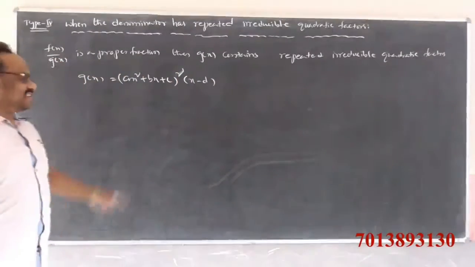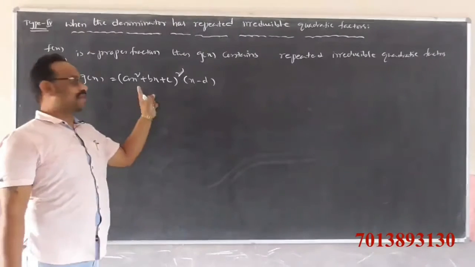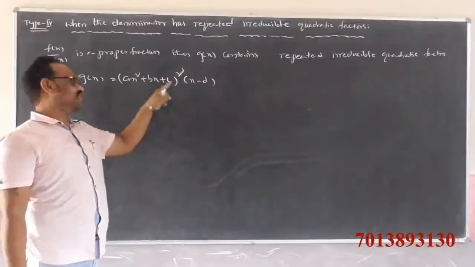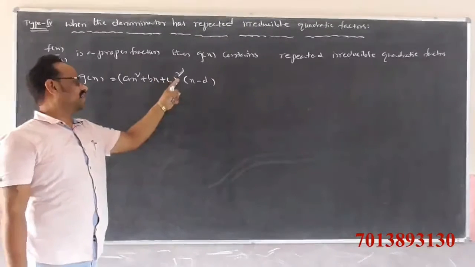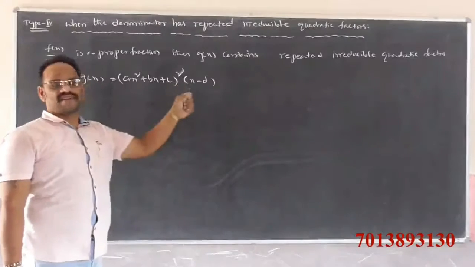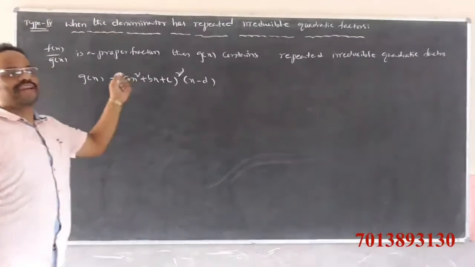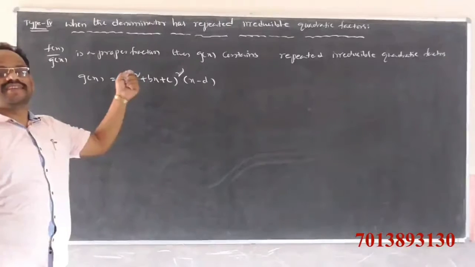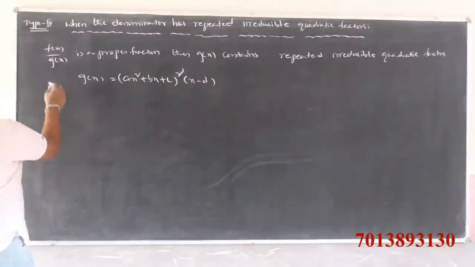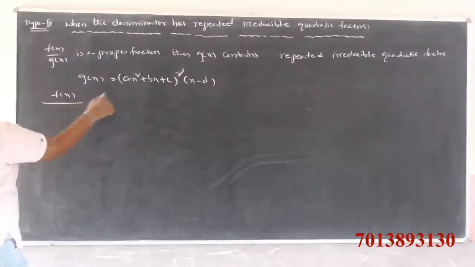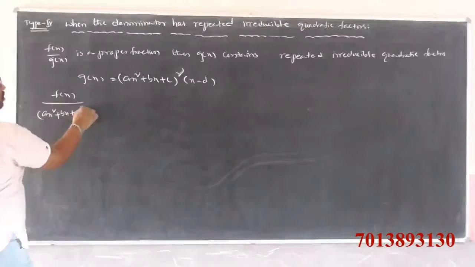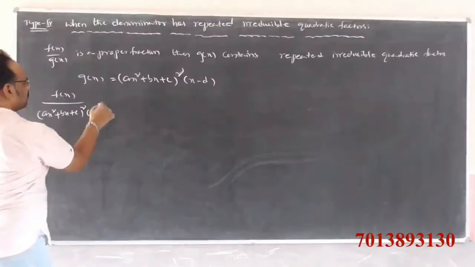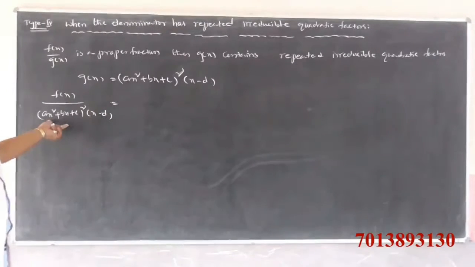If the denominator contains repeated irreducible quadratic factors and also contains one linear factor, how can we express this in the form of partial fractions? So f of x by g of x is nothing but f of x by x square plus bx plus c whole square into x minus d, is equal to, clearly it contains quadratic factors.